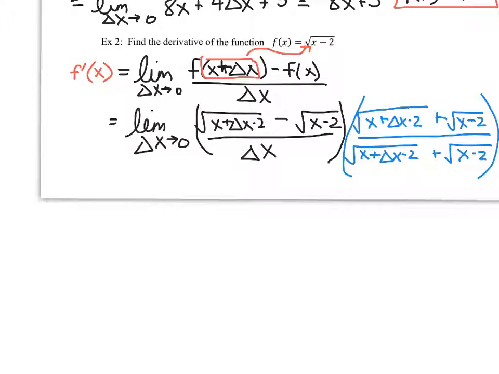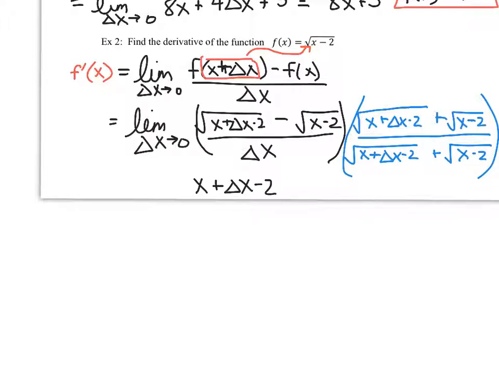Now in the numerator, when we're multiplying conjugates, we multiply the first 2 square roots. So we're going to say, let's take this square root and multiply it by this square root. And that, of course, is just giving me that term without the square root. So x plus delta x minus 2.